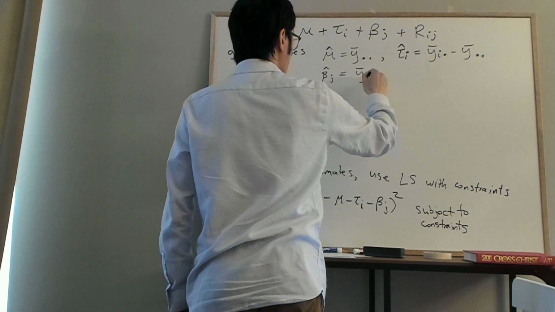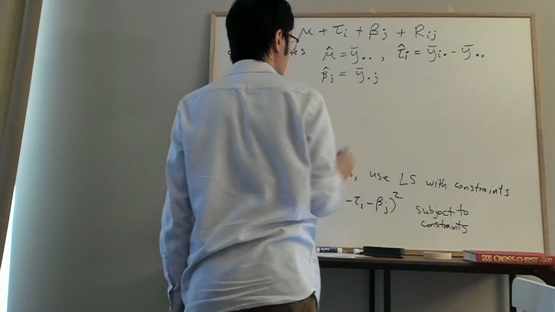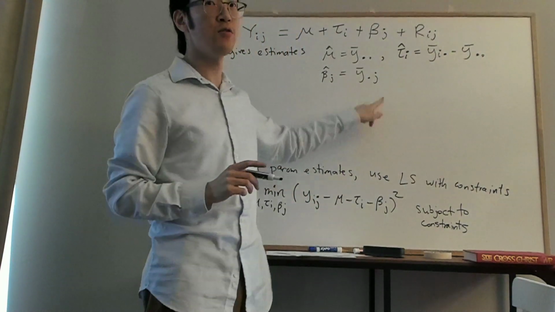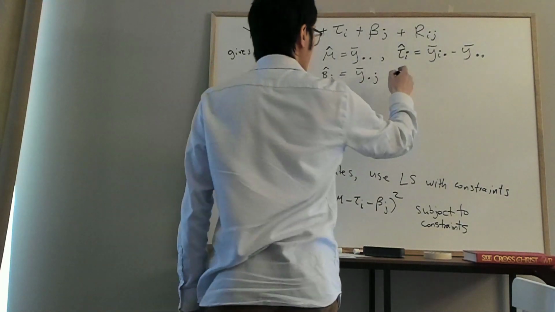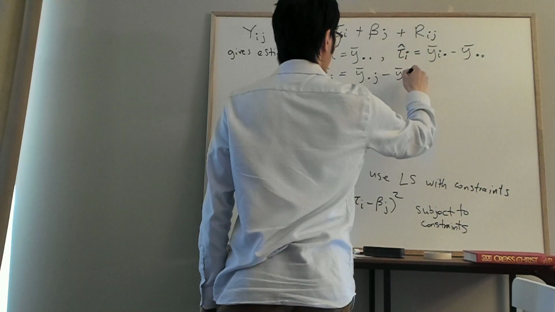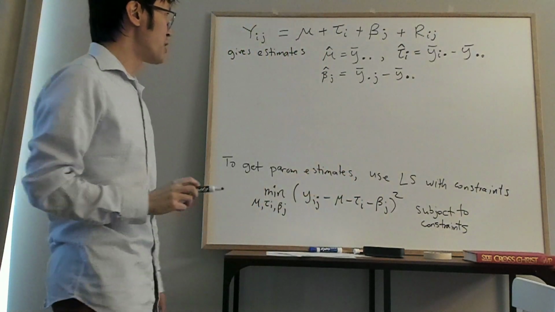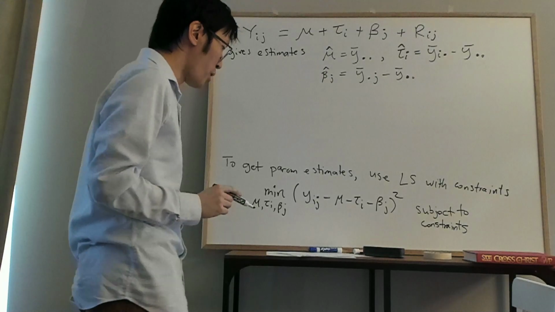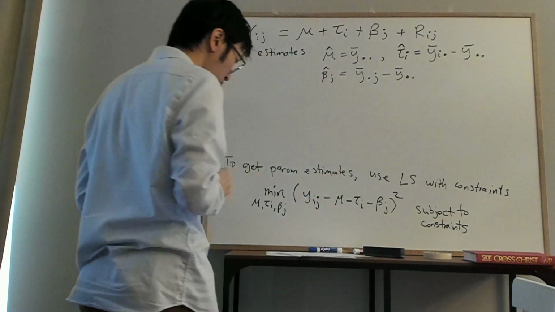Remember the block is the second subscript, so that's how we can easily remember. So the block effect is the difference between the block mean and the overall mean. Those are our parameter estimates.